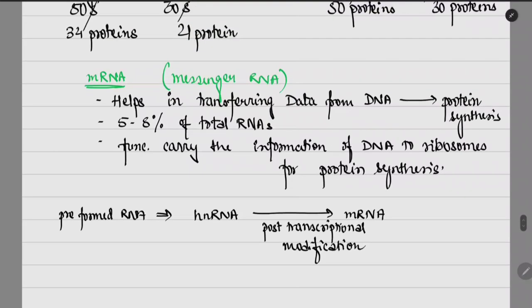Now, the post-transcriptional modifications include the formation of a guanylate cap and the polyadenylate tail at the 3' end. I will discuss it here now.